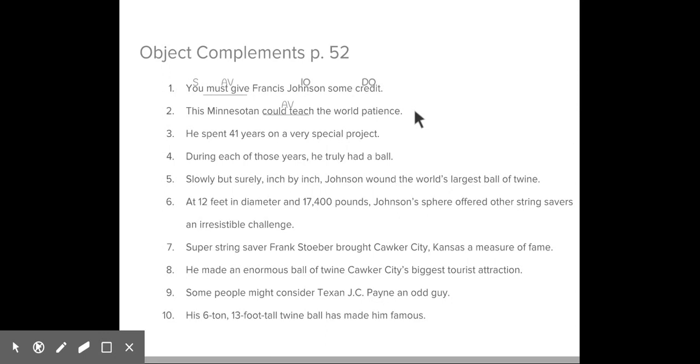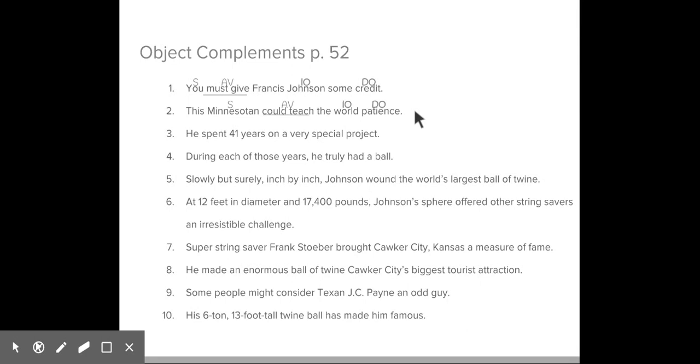This Minnesotan, just Minnesotan, is your subject. Minnesotan could teach what? The answer is patience. He could teach patience to the world. The world is the IO. Doing okay so far? Okay.